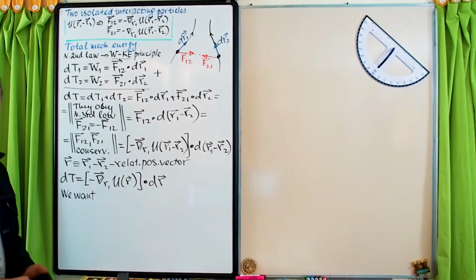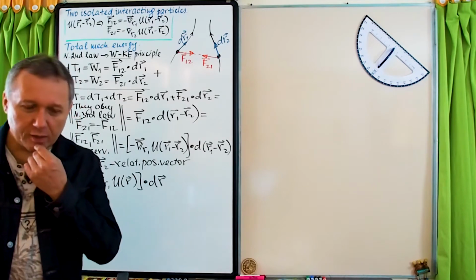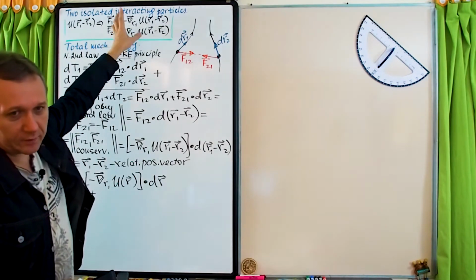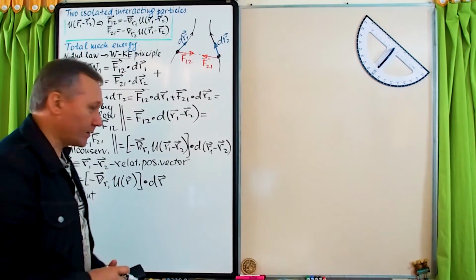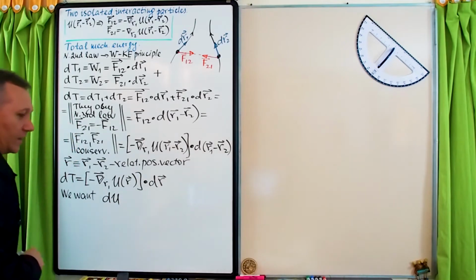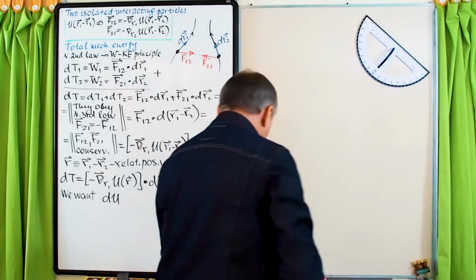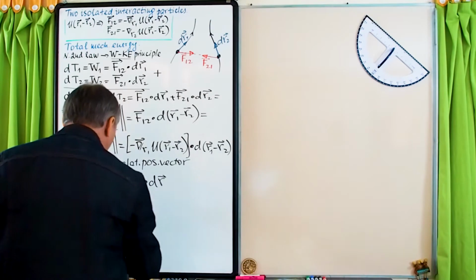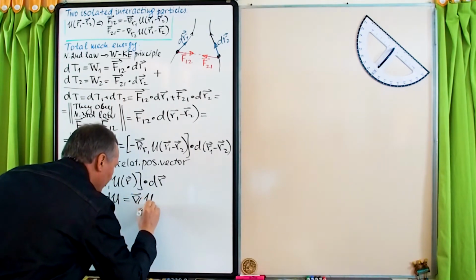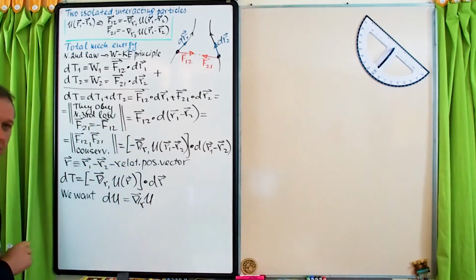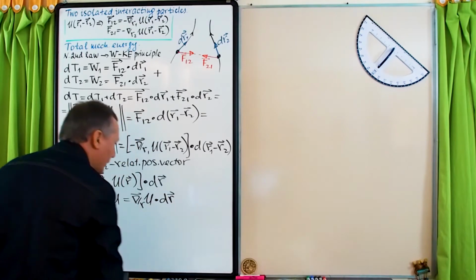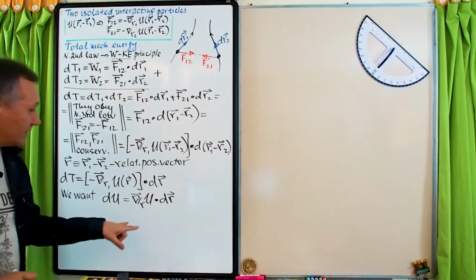you remember, I think it was about 3 classes ago when I introduced the gradient, that hybrid operator. And we wrote down that the change in the differential of U equals the gradient of U dotted with dr, dot product with dr. And basically that's what I want to get.